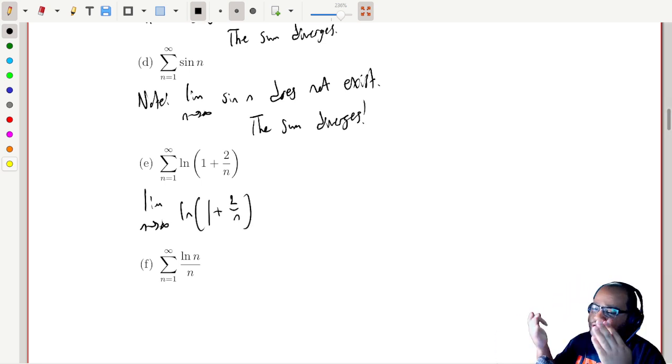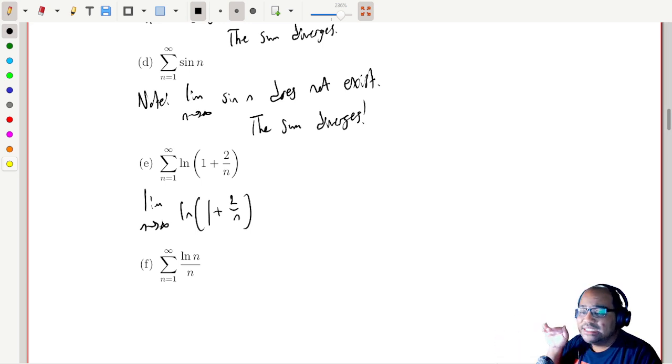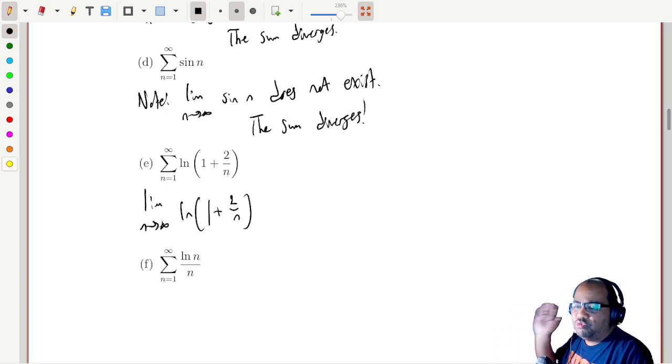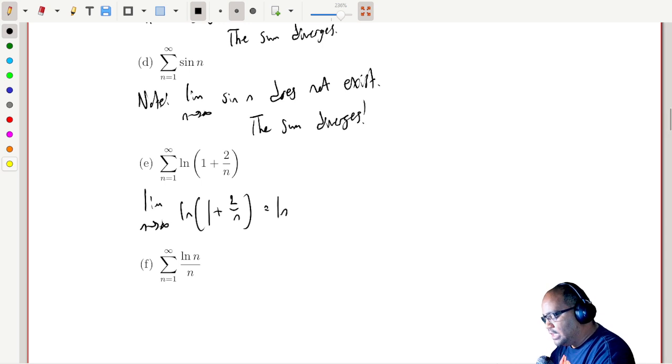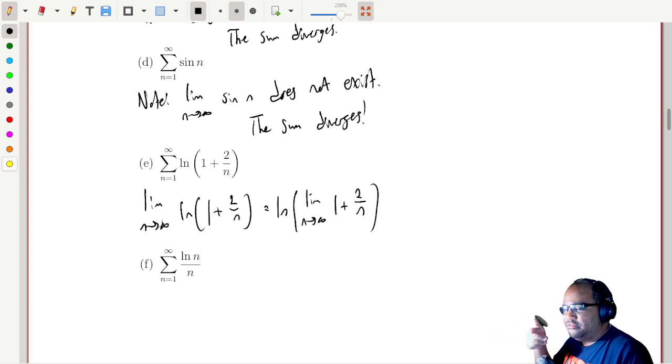We're going to use a fact from analysis where I can pass limits through continuous functions. We're just going to wave our hands at that for a second, but if you have a continuous function, you can pass the limit through. So we're looking at the natural log of the limit as n goes to infinity of 1 plus 2 over n. Well, 2 over n goes to 0, so the inside limit is just 1.